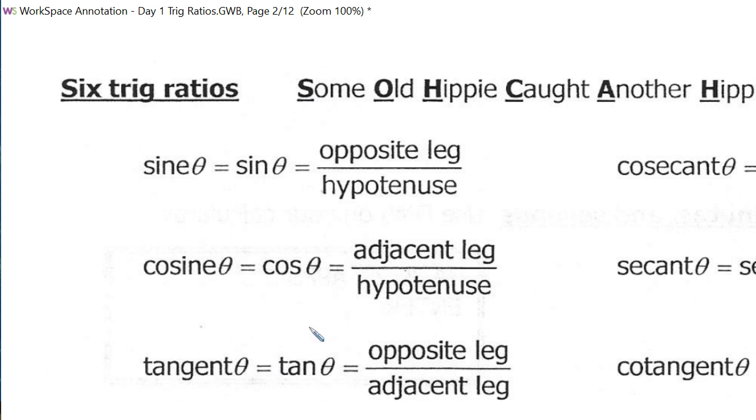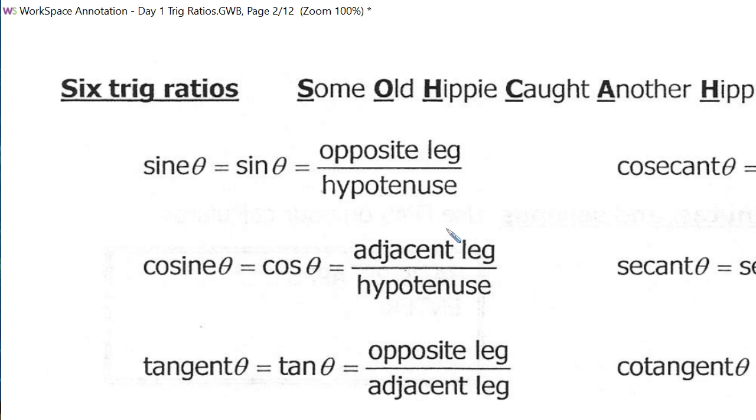And C stands for cosine, and how do you find the cosine? Adjacent divided by hypotenuse. And T stands for tangent, and how do you find the tangent? Opposite over adjacent. So you should be familiar with these 3. You should already know how to find sine, cosine, and tangent of a right triangle.